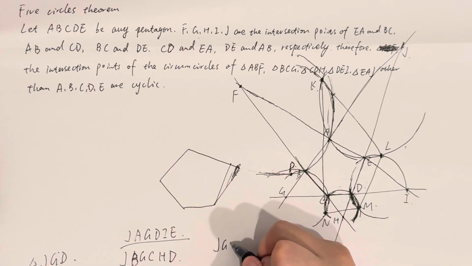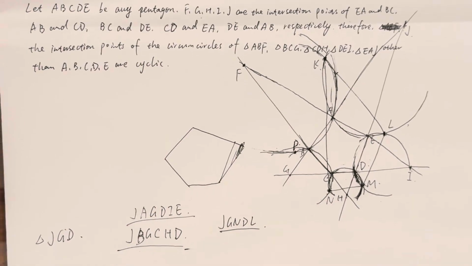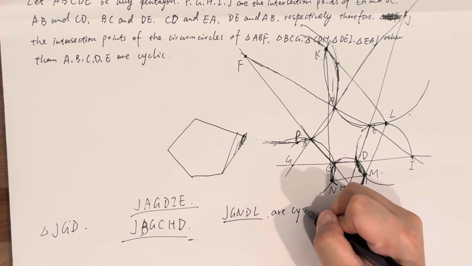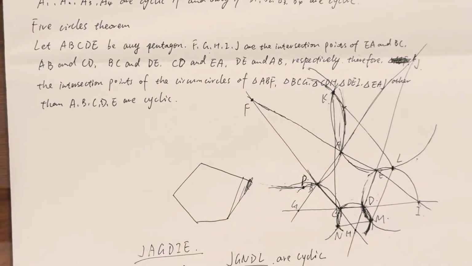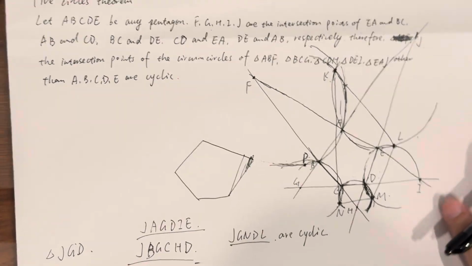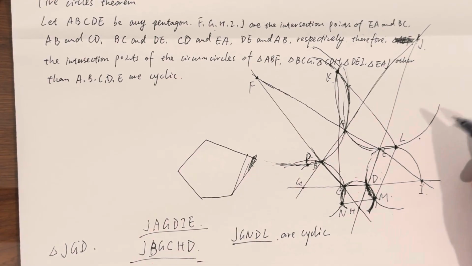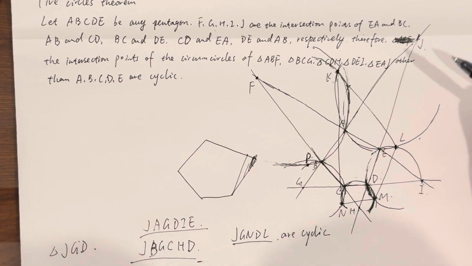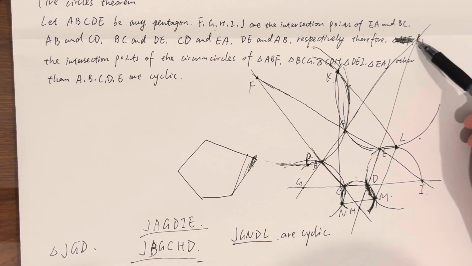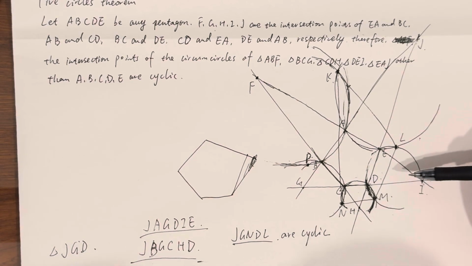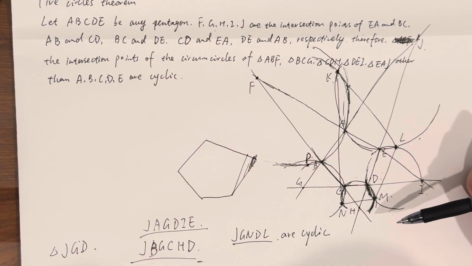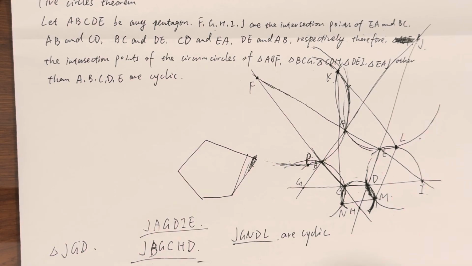J, G, N, D, L. These 5 points are cyclic. That means J, N, D, L are cyclic, right?